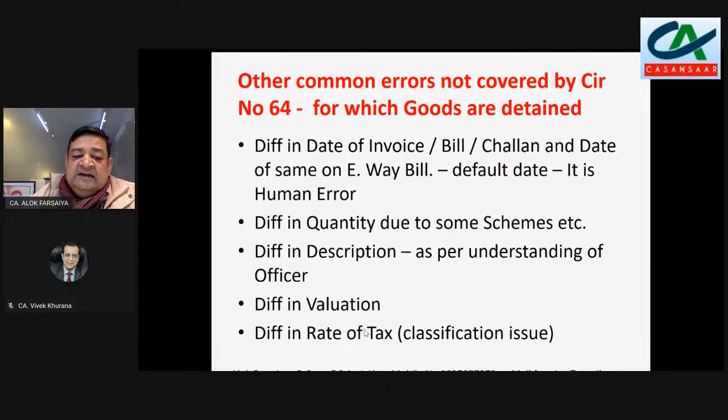But in some other states, these issues are coming up where they are detaining the goods on difference of valuation and classification issues. So we are expecting some circular or some help from the government that, like circular number 64, a circular should also be issued that in these circumstances, the goods should not be detained or no penal action, etc., may be taken against the assessee.